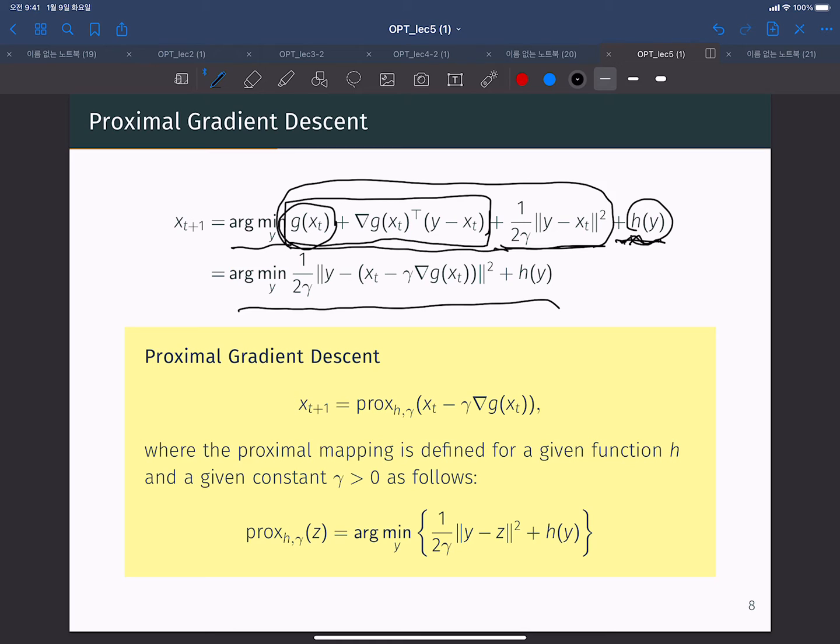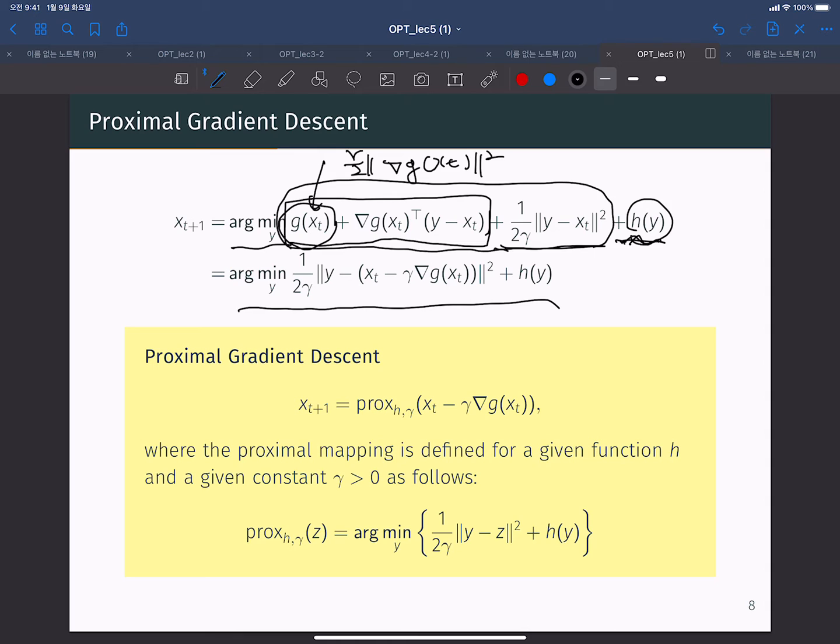So you can add, you can remove this, and you can add y, okay, gradient of g(xt) normed square times gamma over 2.